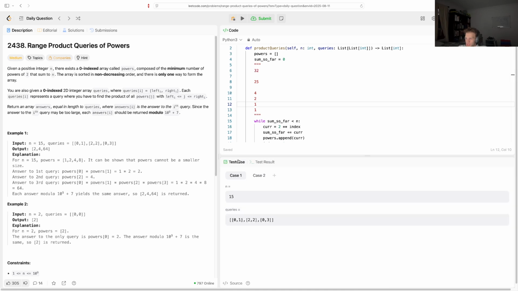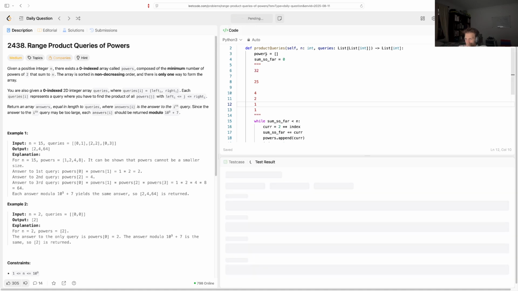Let's actually make a test case here. The test case we're doing is if we have 33 and then we have queries 0 to 1. What do we get?